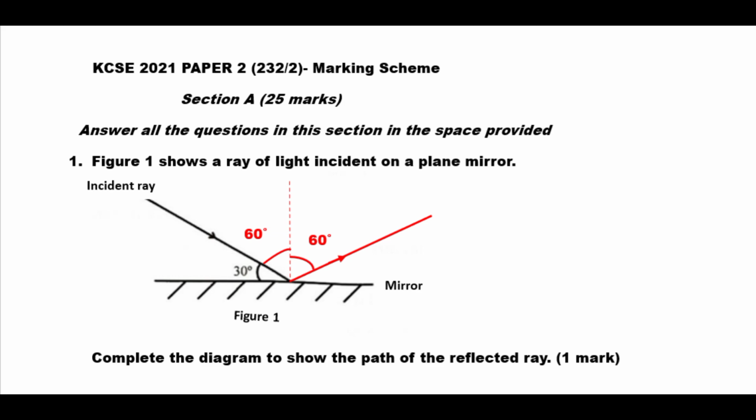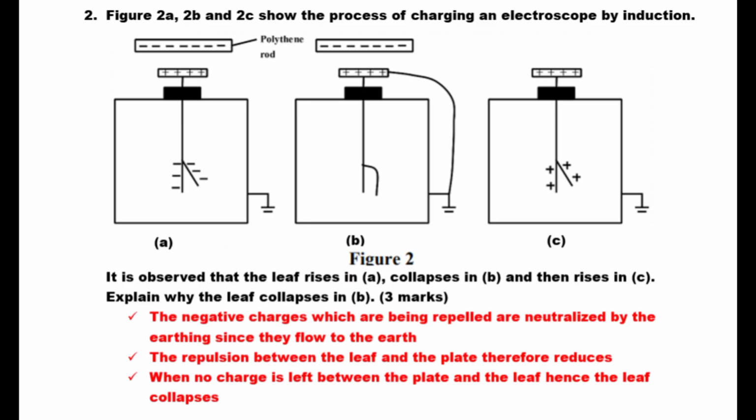Let's go to question 2. Figure 2A, 2B, and 2C shows the process of charging an electroscope by induction. So we have the first setup, we have the second setup, and the third setup.